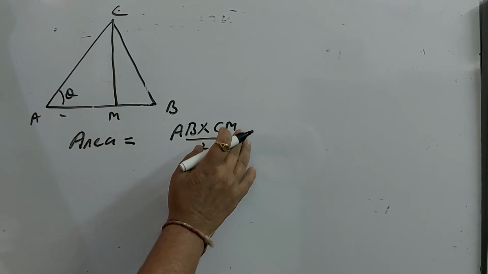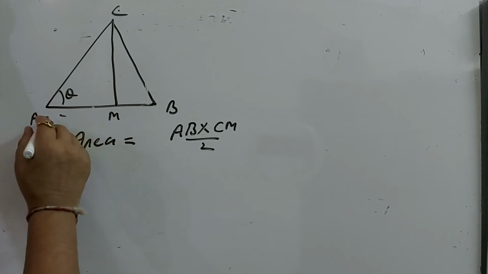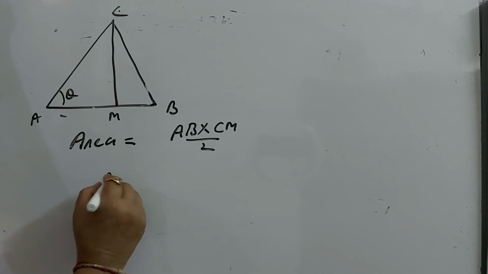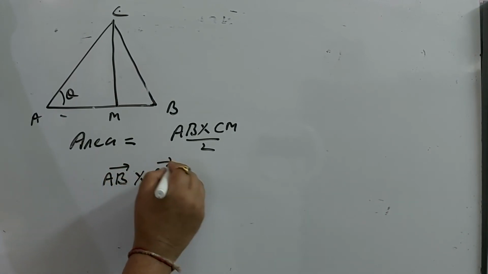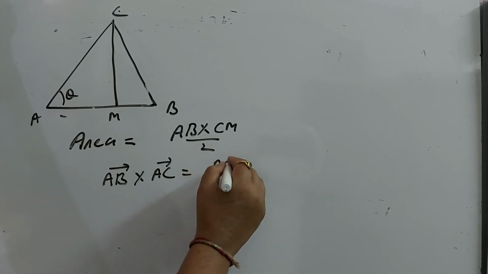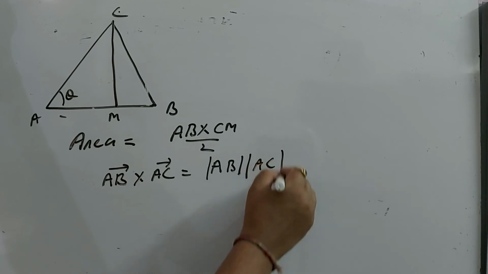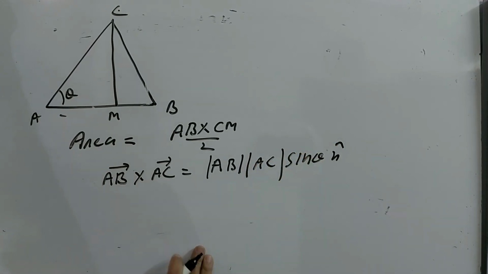If we consider this as one vector and this as another vector, and we find the value of AB vector cross AC vector, this will be equal to the AB modulus value, and this is AC, and this is sine theta, and this is the unit vector.